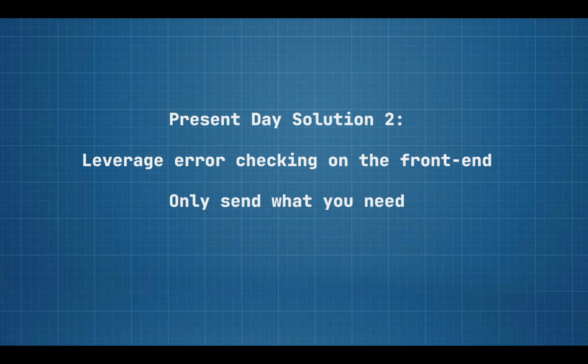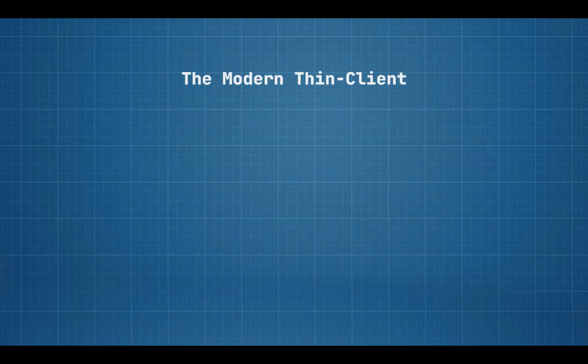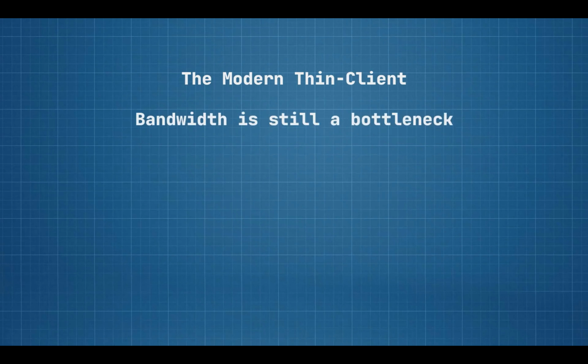sometimes people capture way more data than they need, and they lose or throw away a lot of that. So focus on only sending what you need, because ultimately, and this is my opinion, okay, with the modern thin client, the bandwidth is still a bottleneck.